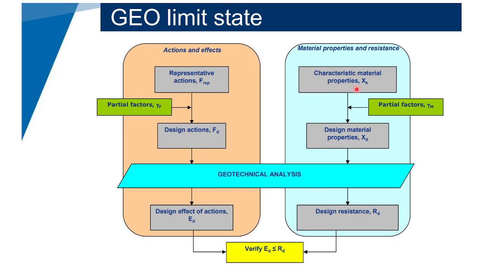Similarly, with the material properties, divide by the partial factors to come up with the design material properties. Go with the geotechnical analysis, and then you consider the relationship to verify the design effect of actions, E sub D, and the resistance R sub D. That means if E sub D is less than or equal to R sub D, then your analysis is satisfied.